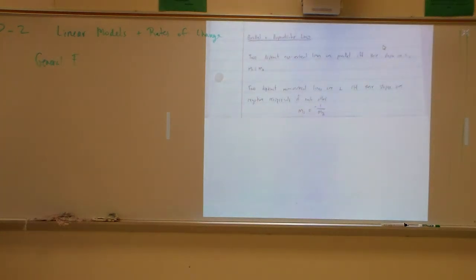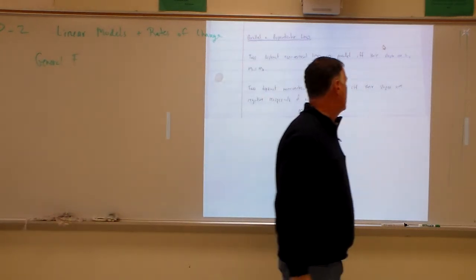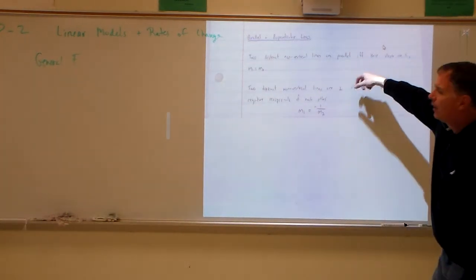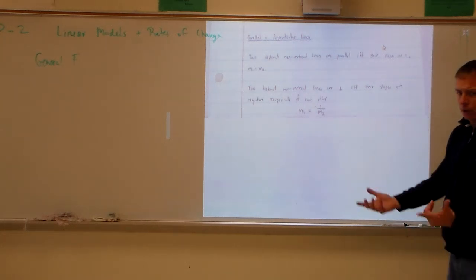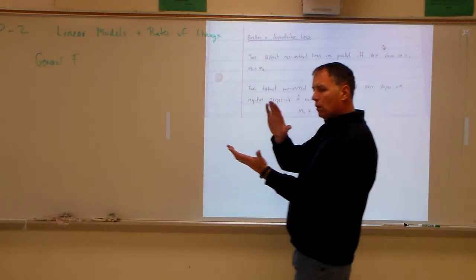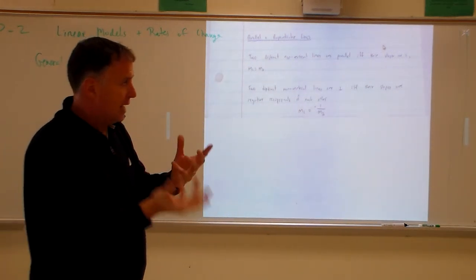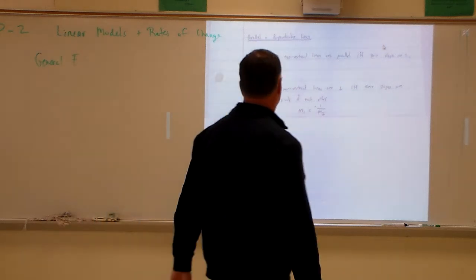Parallel and perpendicular lines. Two distinct non-vertical lines are parallel IFF, an acronym for if and only if, their slopes are equal. So lines that are parallel have the same slope.